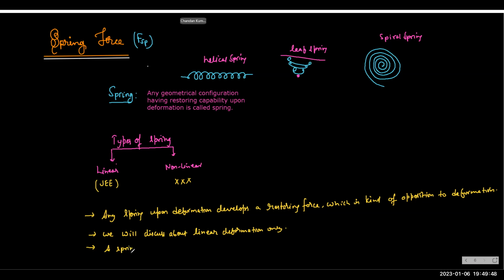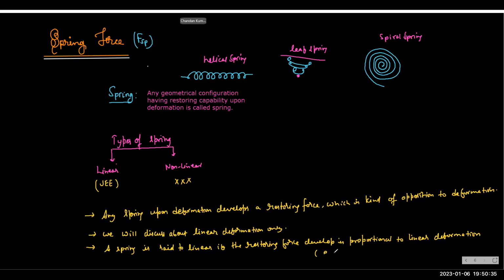So a spring is said to be linear if the restoring force developed is proportional to linear deformation, which means elongation or compression.